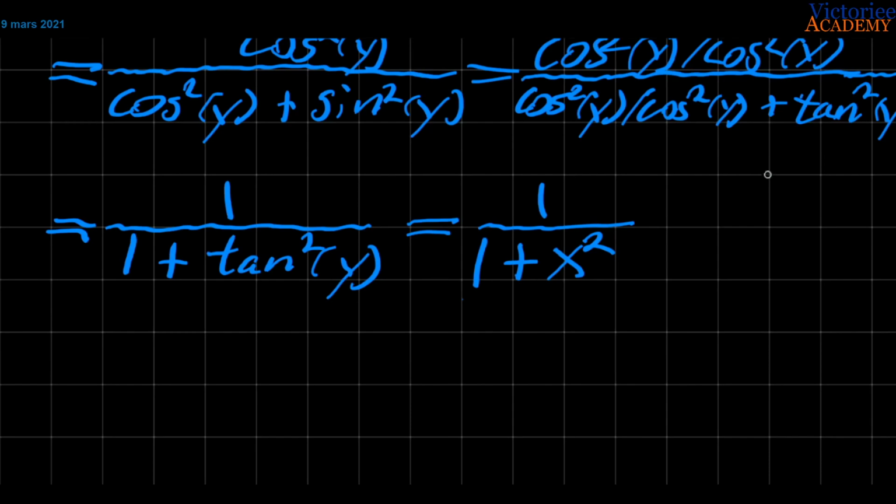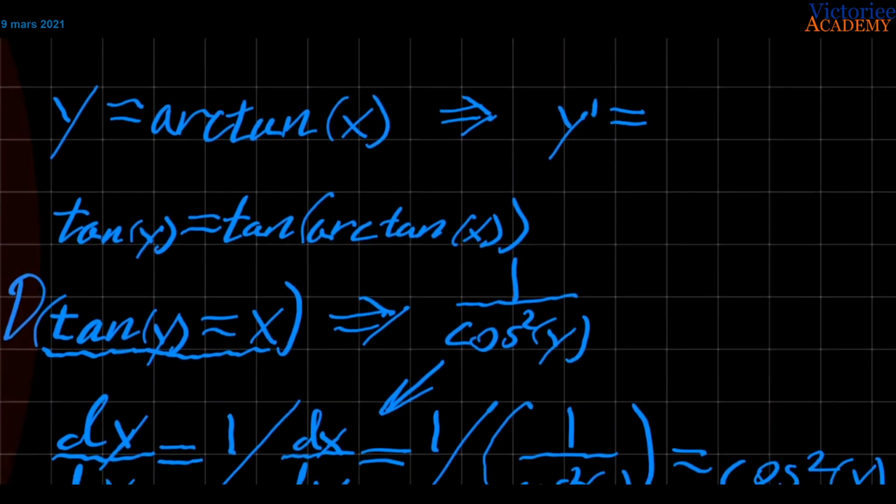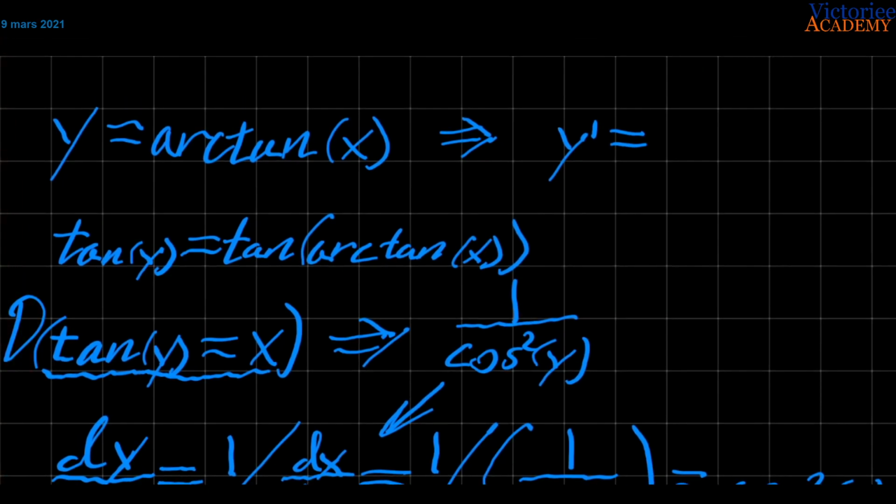And this is equal to, as we started the equation with, dy over dx of the original function here. So y prime is equal to 1 over 1 plus x squared.